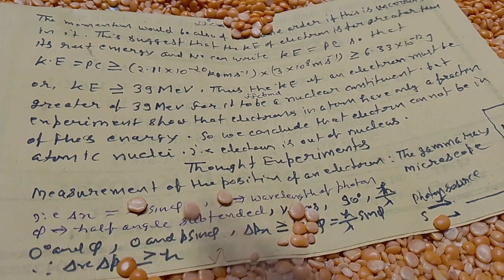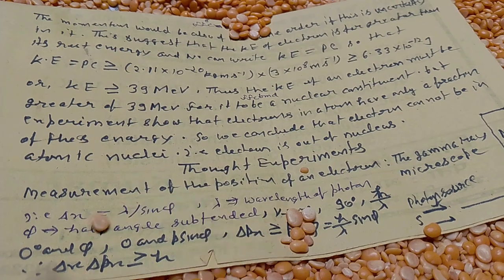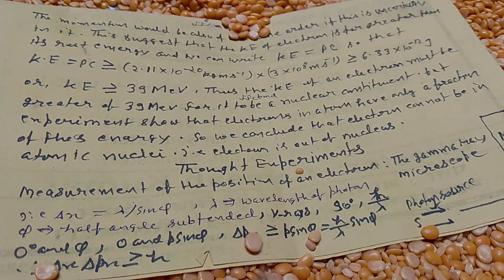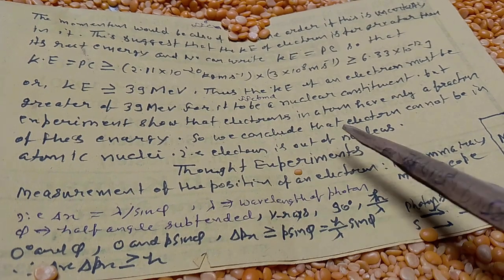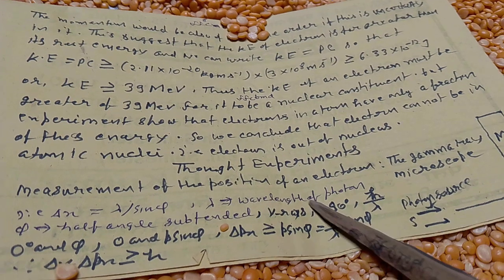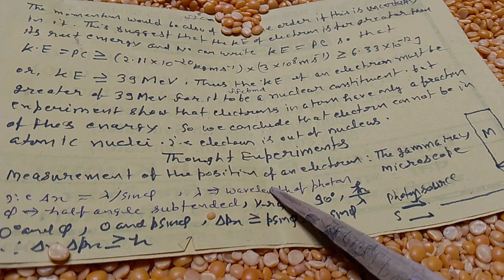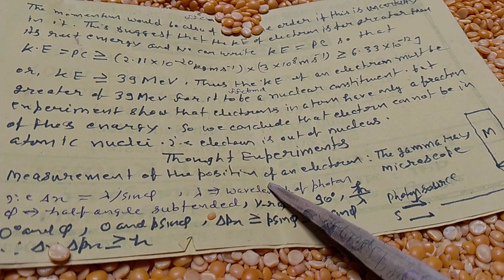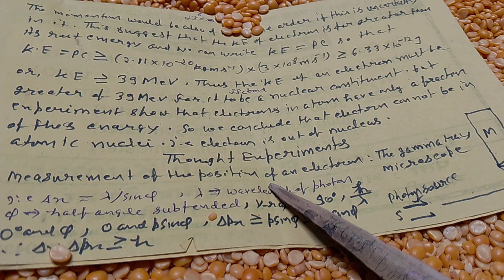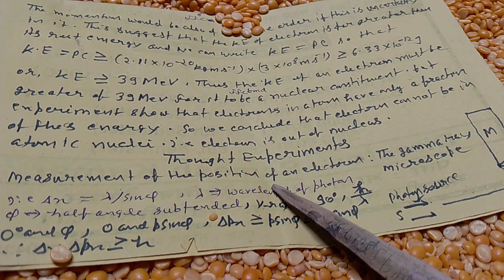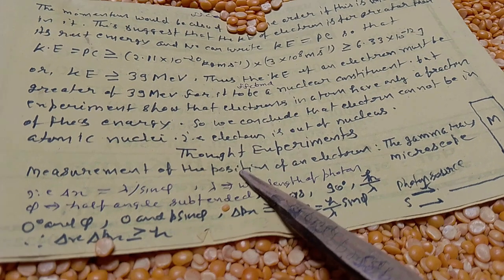So here is a thought experiment to disprove the uncertainty principle, and let us see what comes out after this thought experiment. Measurement of the position of an electron: the first thought experiment, the measurement of position of an electron with a gamma ray microscope.